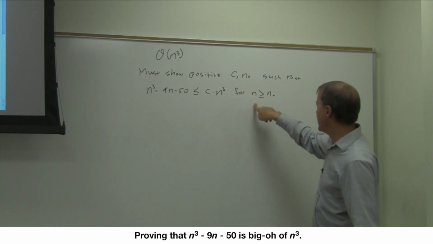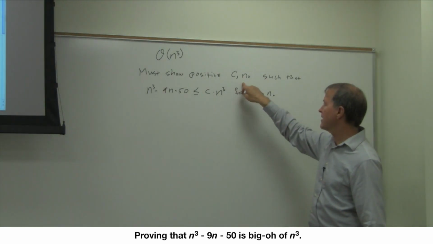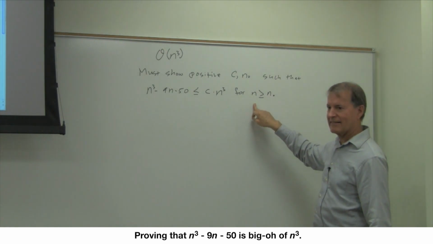So n is the variable, c and n naught are the constants, and the constants have to be positive. So it can't even be 0. It has to be positive. Exactly.